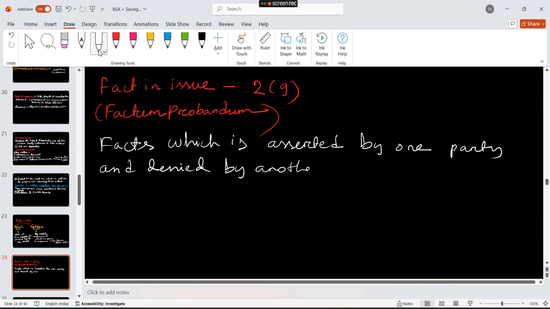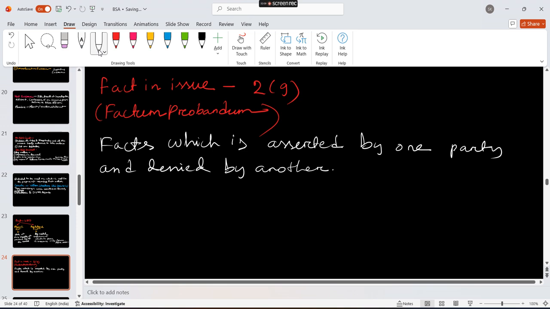And in your moot courts, the issues you are going to frame, or the issues you framed in the initial stage, are called facts in issue. You basically say issue 1, issue 2, issue 3; those are facts in issue. So why are facts in issue required in a suit?